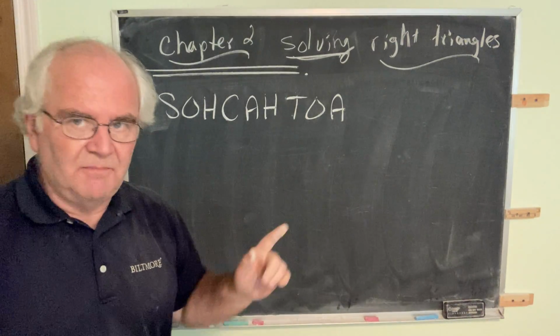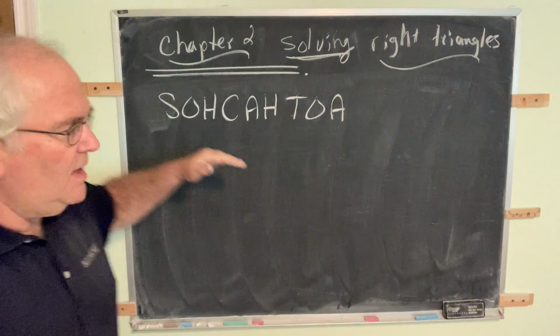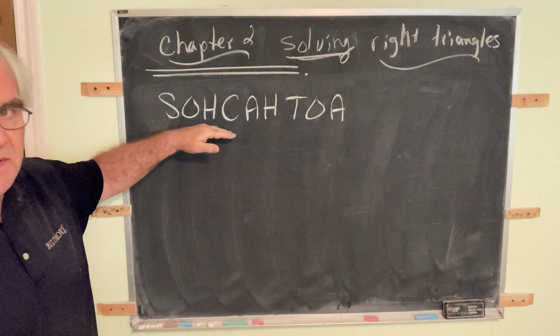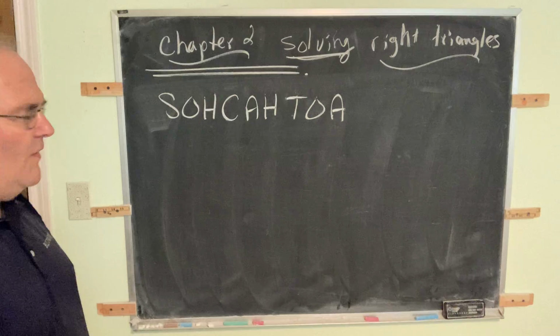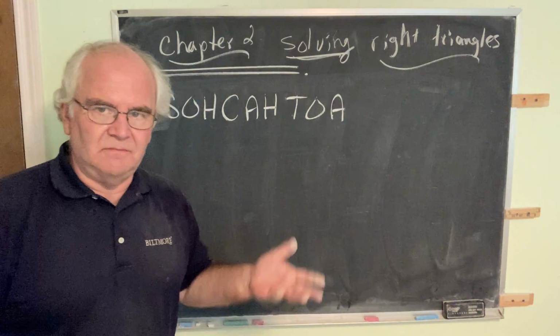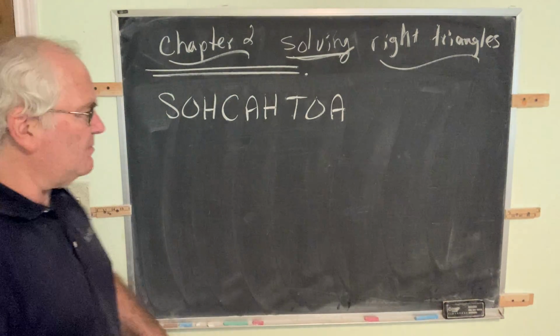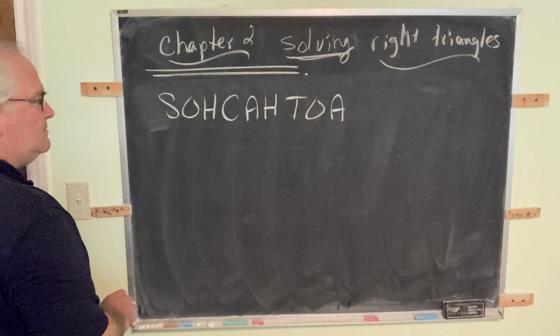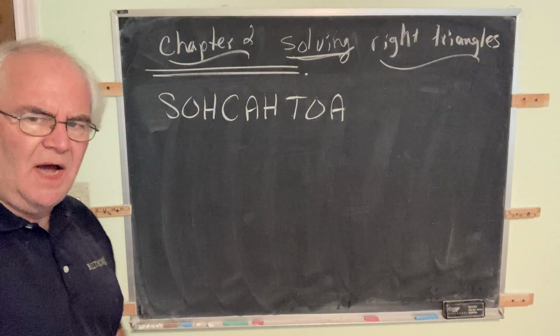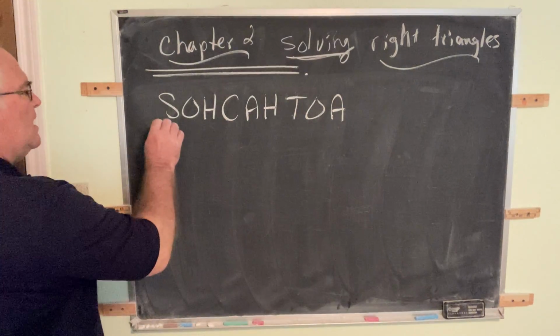SOHCAHTOA only applies to right triangles. Every trigonometry student in the world knows SOHCAHTOA. Join the club. What is that? This sounds like some weird Native American name or something. It's an acronym, or I suppose acrostic is the right term.